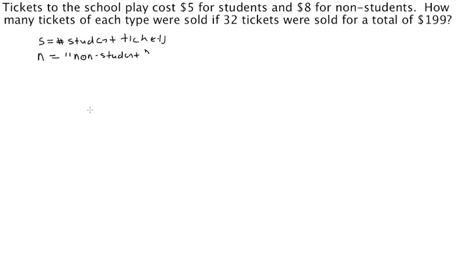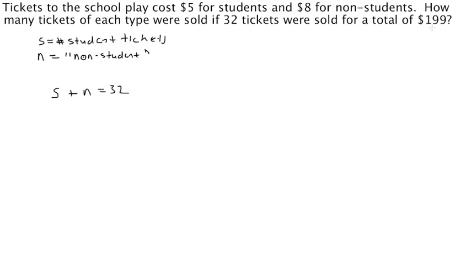All right, so S is the number of student tickets, N is the number of non-student tickets. So let's see here. We know two pieces of information here. We know that there were 32 tickets sold. So that tells us that S plus N equals 32. The number of student tickets plus the number of non-student tickets is going to be 32. We sold 32 total tickets.